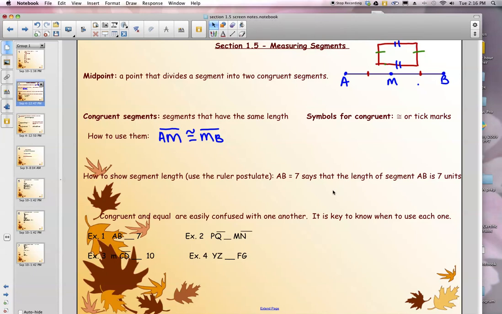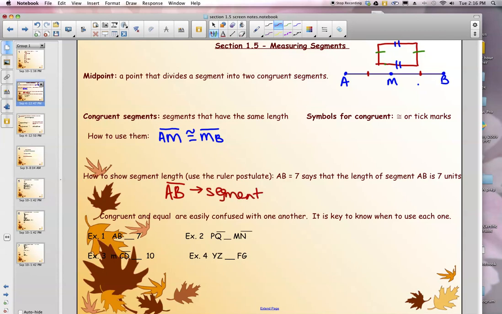When we talk about the length of a segment, I said we could measure segments, and we can. We have something called the ruler postulate that says that you can measure something that starts and stops. Notice that I wrote AB as a segment, but notice I don't have any symbol over the top of it. When I put the symbol over the top of it, that is the segment.